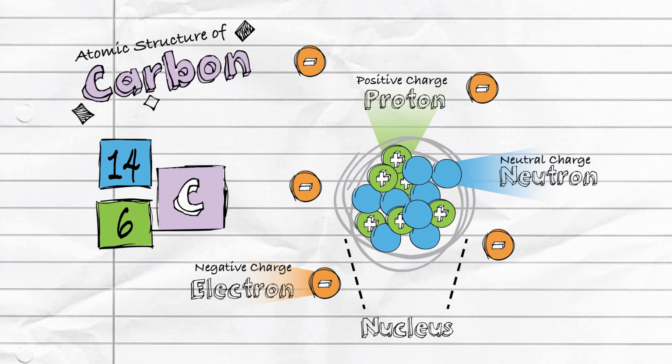It has the same number of protons, so it's the same element carbon, but it has a different number of neutrons. Many elements have isotopes, some more common than others, as larger isotopes can be unstable, and so will change into a more stable form of atom.